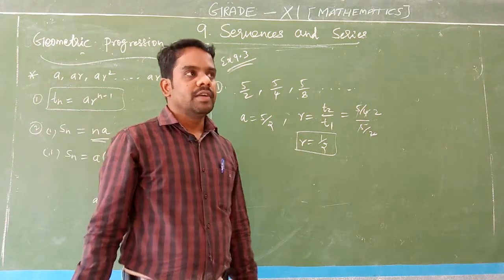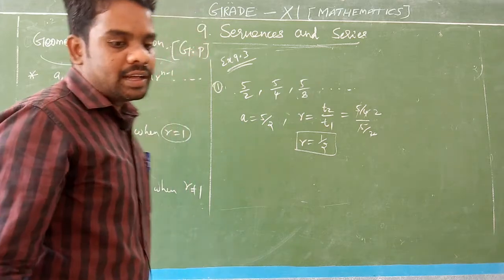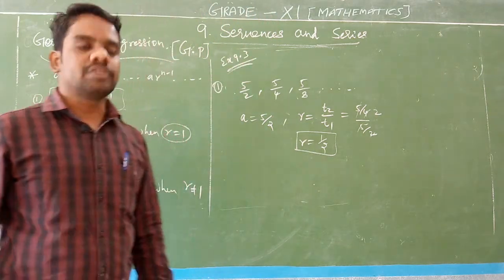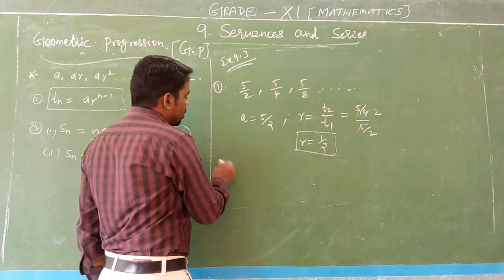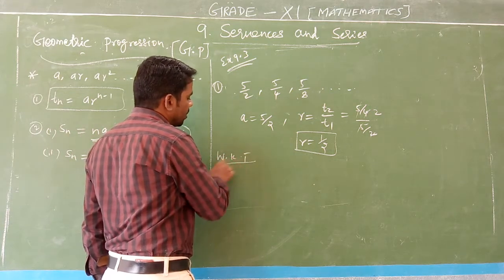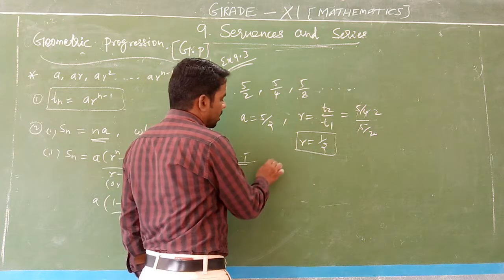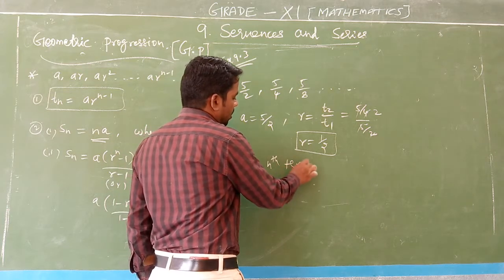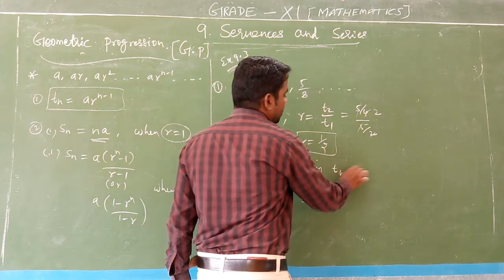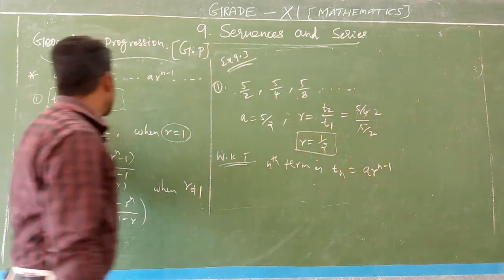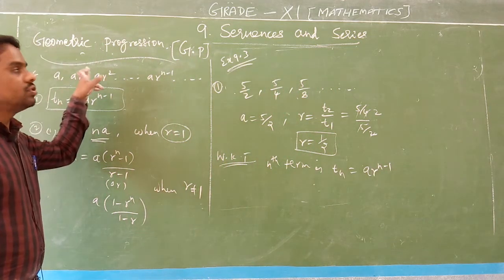We need the 20th term and the nth term. We know the nth term formula: Tn is equal to a r power n minus 1. This is the nth term of the given geometric progression.